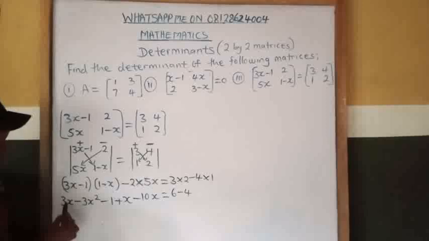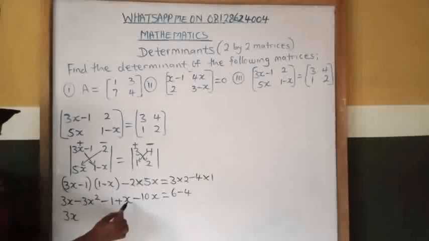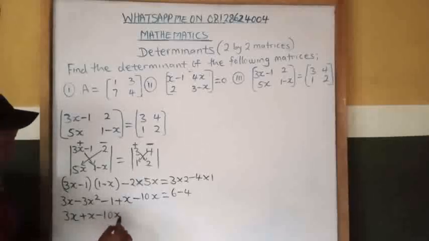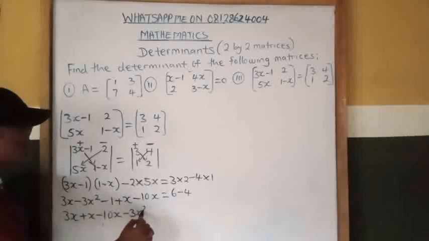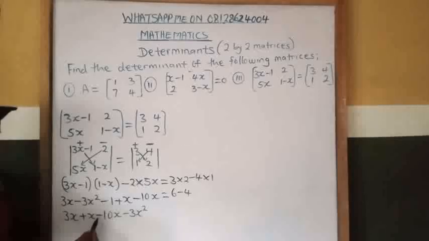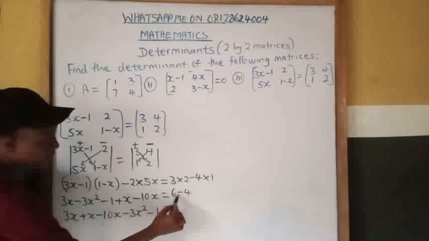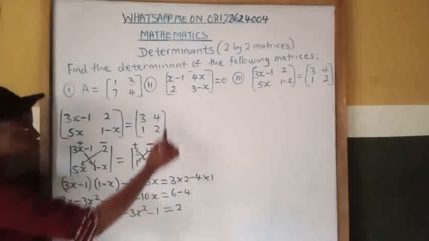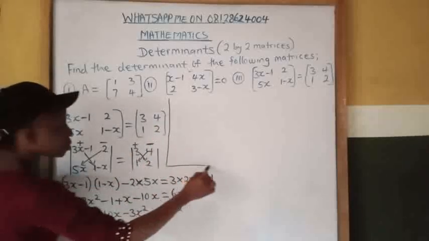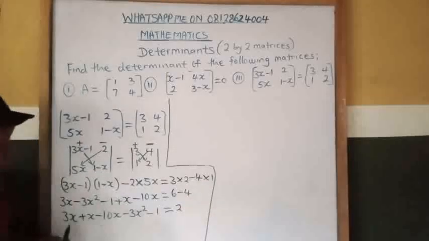Now let's solve further. Let's collect the like terms. We have 3x, then plus x, then minus 10x, then minus 3x raised to power 2, then minus 1, equal to 6 minus 4, which will give us 2.